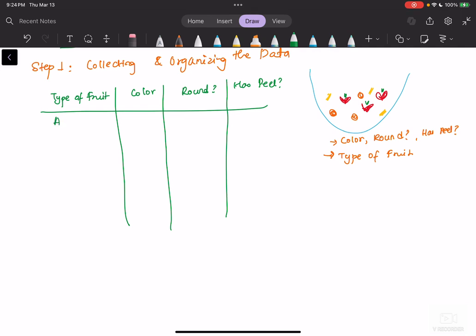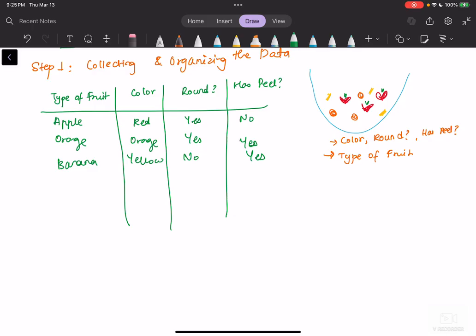So let's say we have an apple and it's red, it is round, but it does not have a thick peel, so I'm going to say no. And then let's say orange, it is orange in color, is round, and yes, it does have a peel. Okay. Banana, yellow, no, and then yes, it does have a peel.